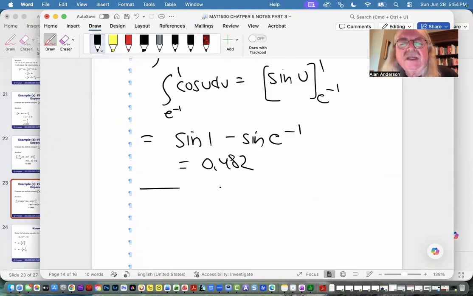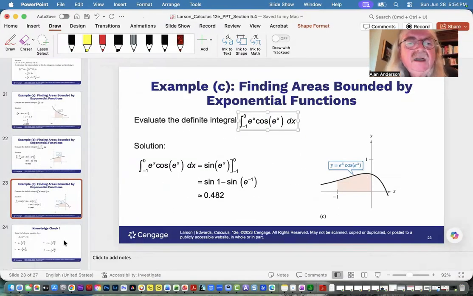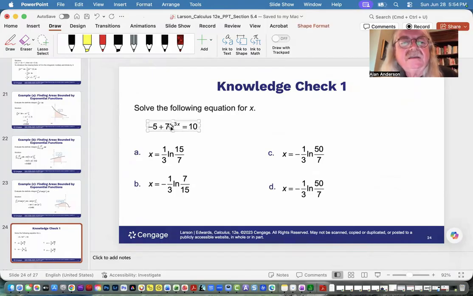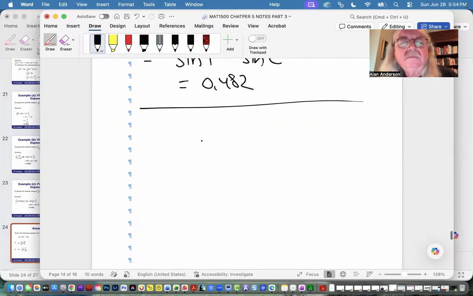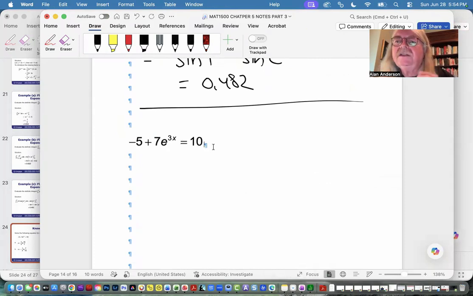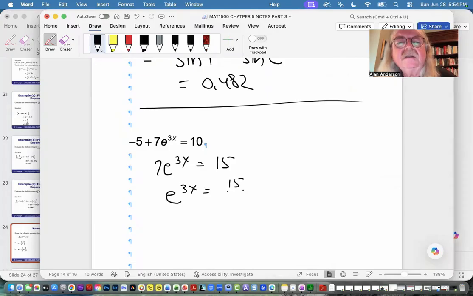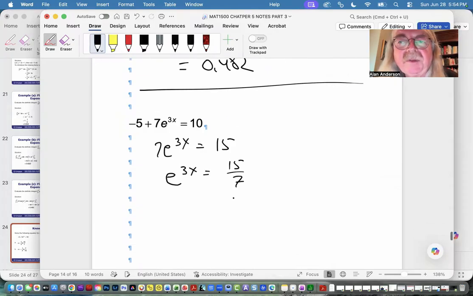All right. Well, what else do we have? Here we go. Let's try this. Now, first, let's get all the like terms together. We'll add that constant to both sides. Divide out the 7. Now, remember, we did this before.